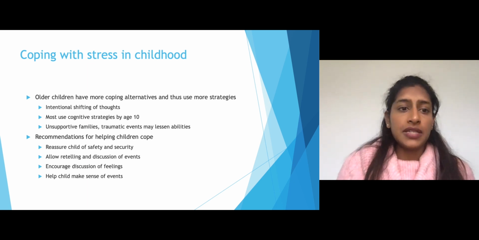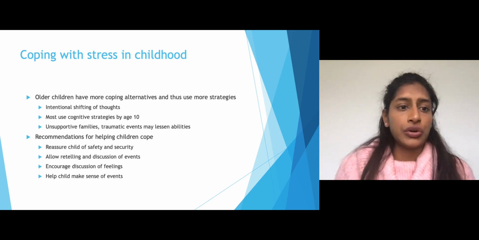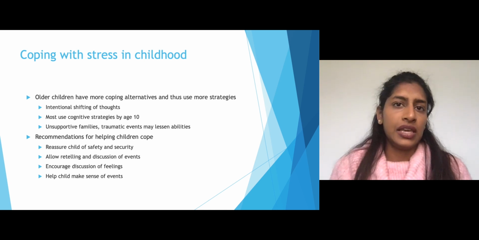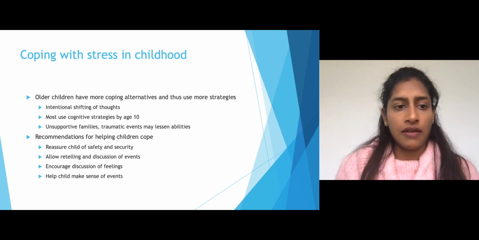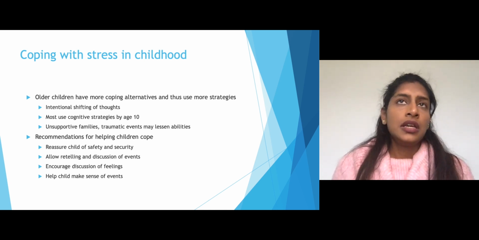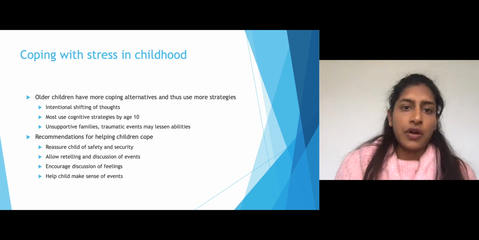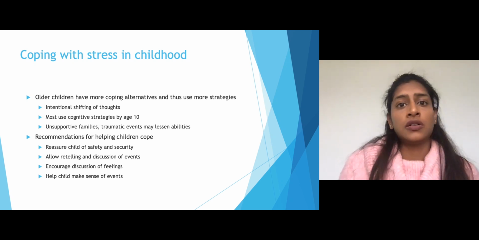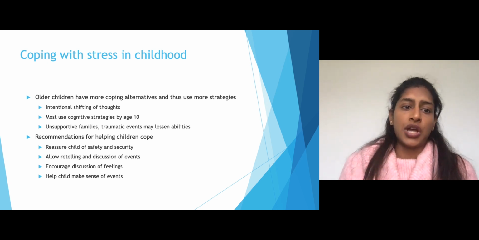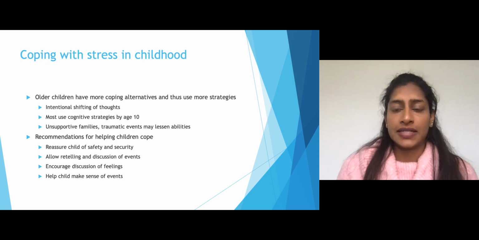So there are lots of recommendations we have for helping children cope, particularly with maybe stressful events. And these range from reassurance to the child, all the way to really walking through and helping a child make sense of the event that's taking place.